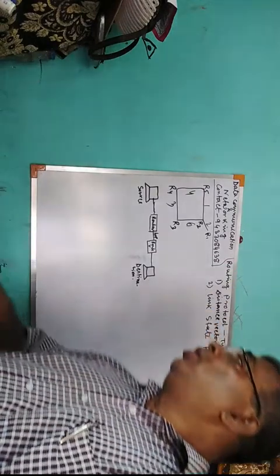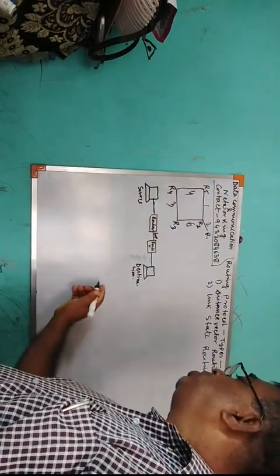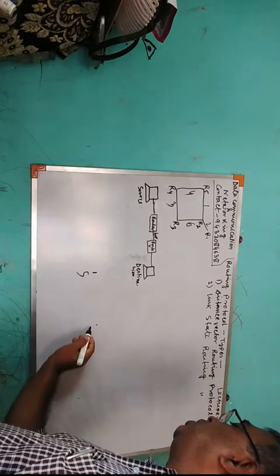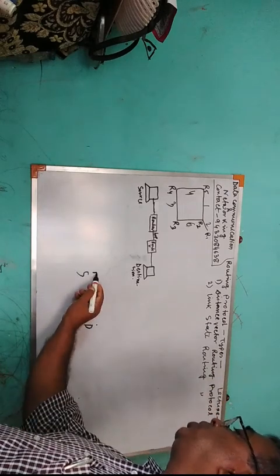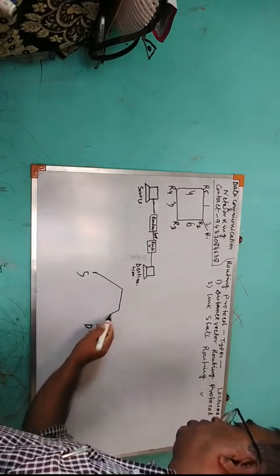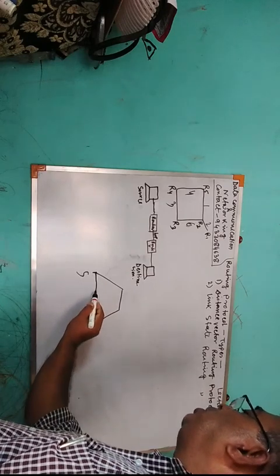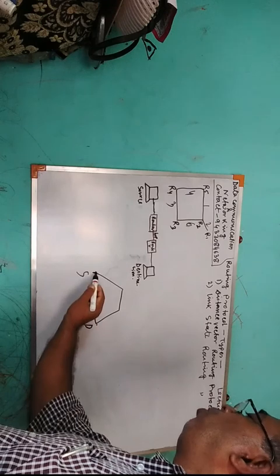Suppose this is the source and this is the destination. From source to destination, there are so many ways, this way, directly, or this way.